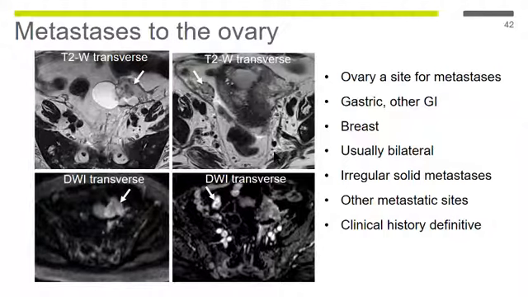And then finally, obviously, you can get metastases to the ovary. Again, they're often bilateral. There is often a history of other malignancy, often gastric or other GI malignancy or breast, and the clinical history is really definitive. This is just to show you, on the diffusion-weighted image, these highly restricted, irregular masses in both ovaries.